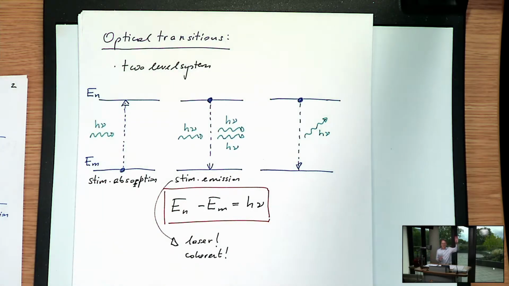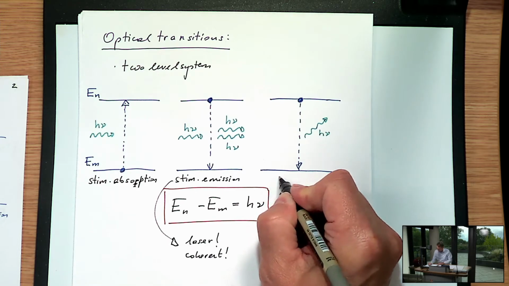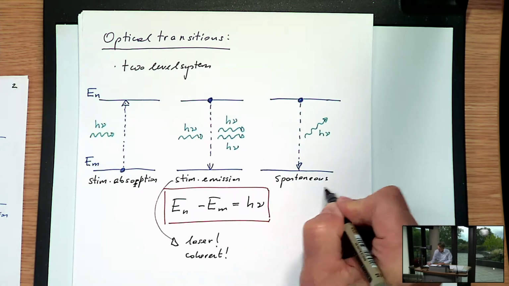You do not know which angle it will come out at and which phase the field will have, the phase of the photon coming out. So this is incoherent, and the emission is called spontaneous emission.